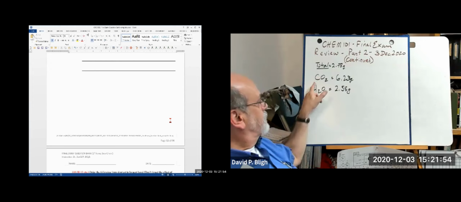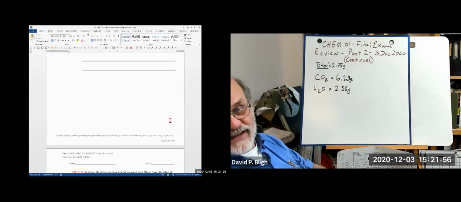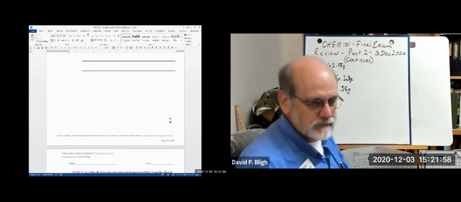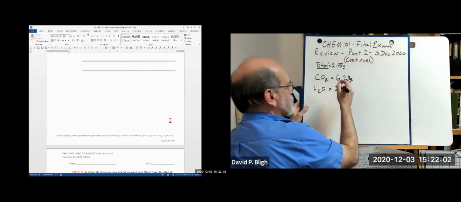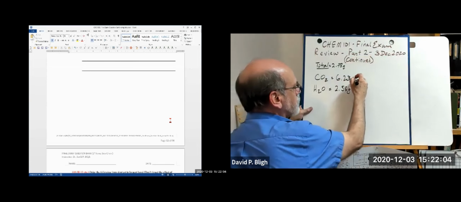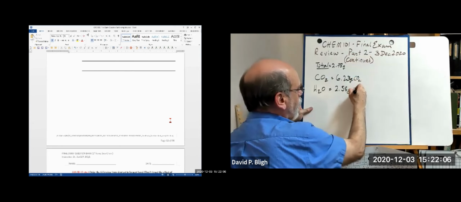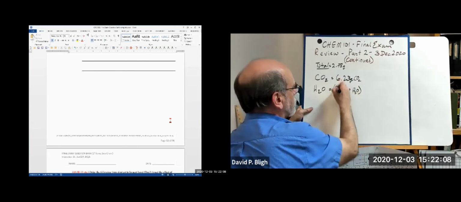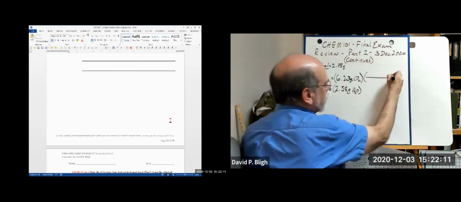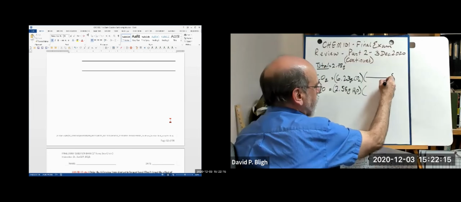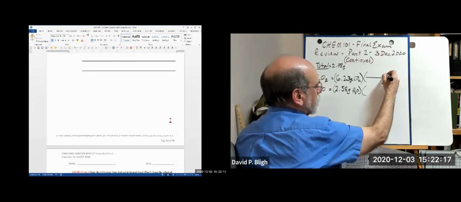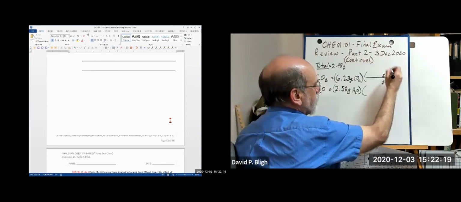So we need, how much carbon does that represent? Okay, so we need a conversion factor. If this is CO2 and this is water, then we need a conversion factor for each that takes grams of CO2 versus grams of carbon.